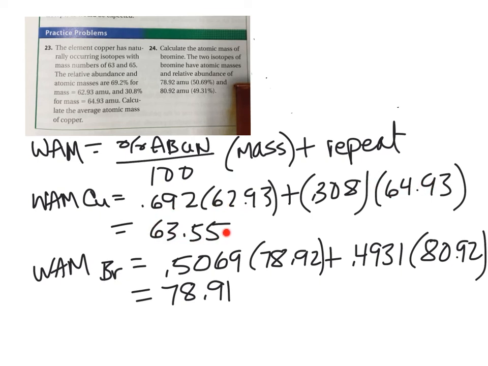So the weighted average mass ends up being a little lower than the average mass.